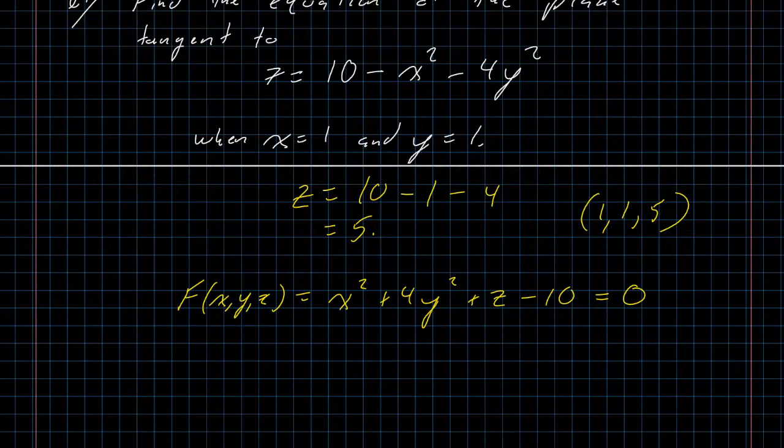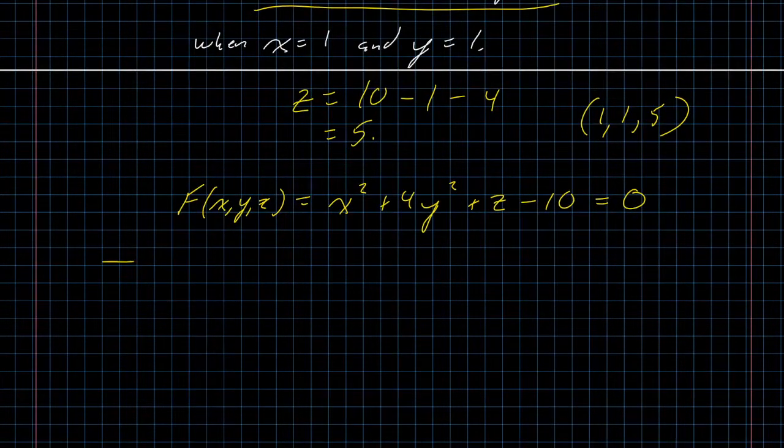Wrong button. Why is it erasing? Technology is really working well for me today. I apologize. All right, so I took that equation, I moved everything onto the left-hand side so the right-hand side is zero. I named that left-hand side as capital F, and now I'm going to calculate the gradient of F.